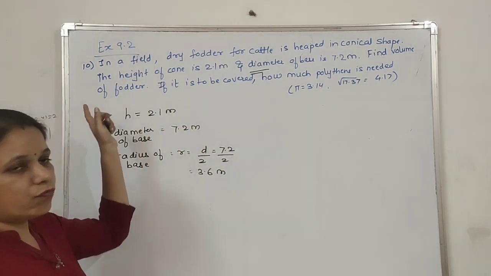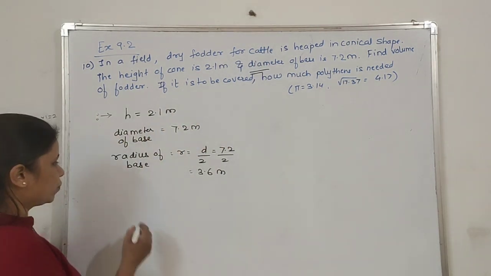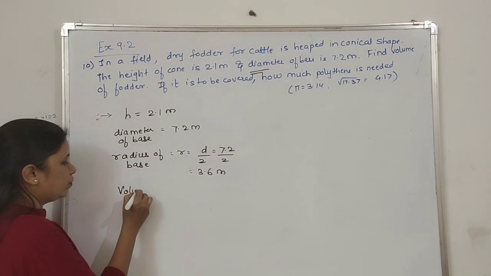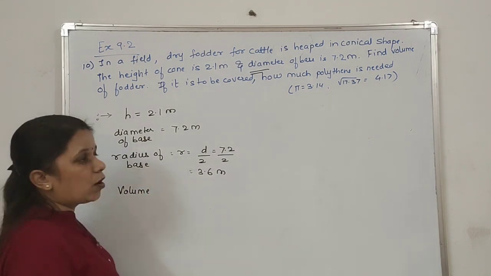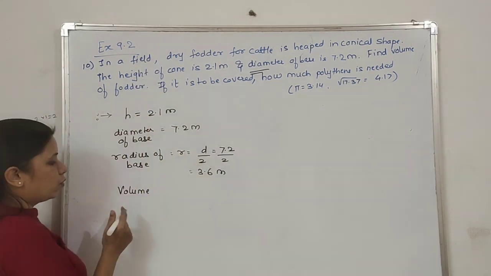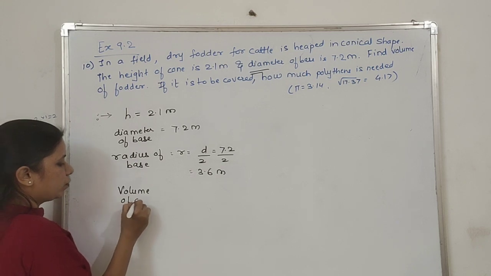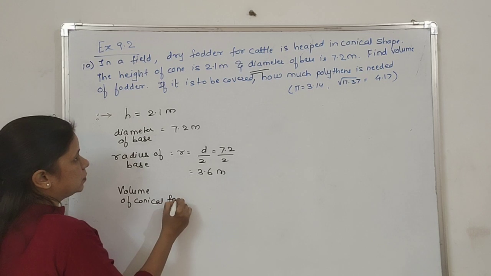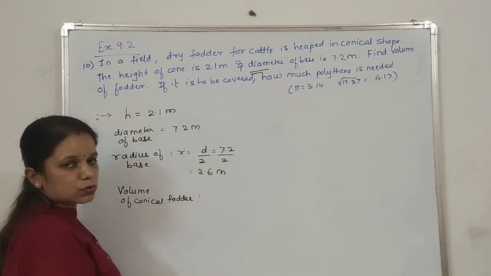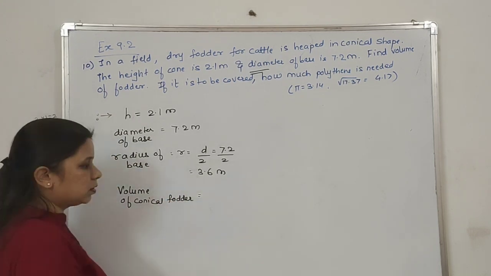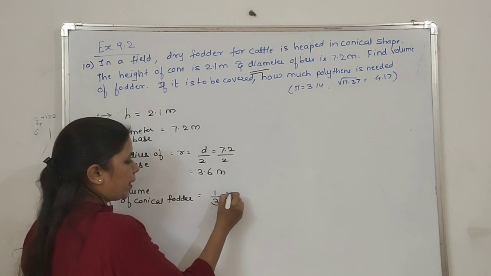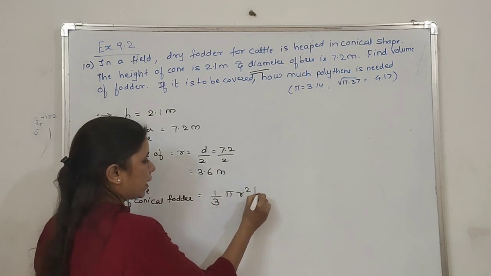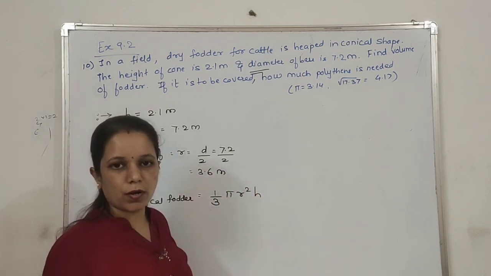Now find the volume of the fodder. It is in the form of a conical shape. So volume of conical fodder equals volume of cone, 1 by 3 pi r square h. This is the formula.